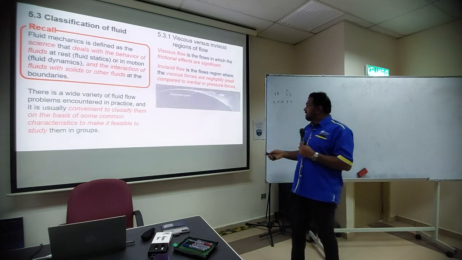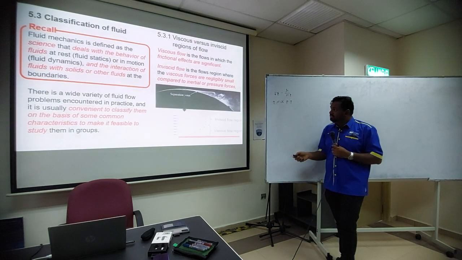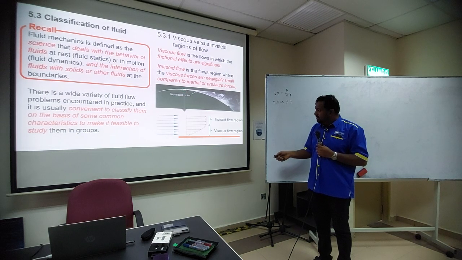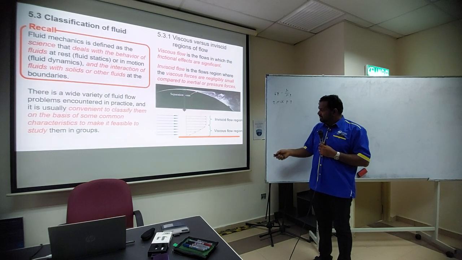Okay, so you can see some example. At the separation point, you can see this is a no slip condition. Then after some time, the pressure and the velocity will become constant. The bottom part we call viscous.